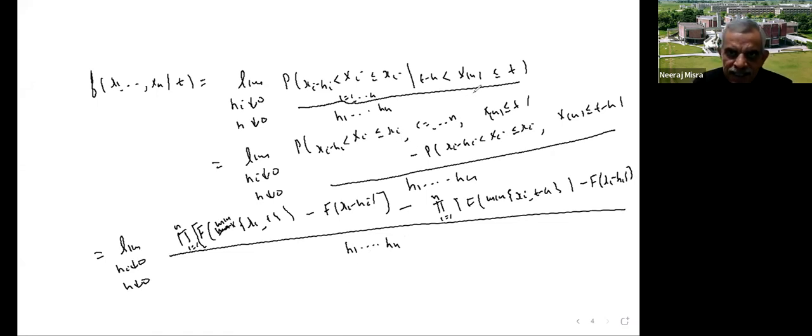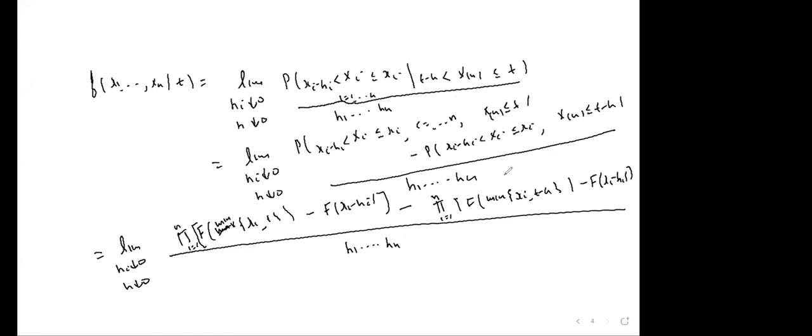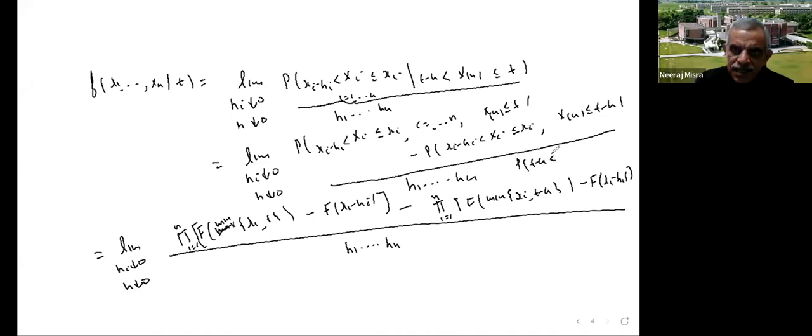Then, of course, this density would also come over here, right? The probability that t minus h less than xn, divided by h, I can make it a density. So this h would come over here, and this would come over f. Now you have to find out this quantity.